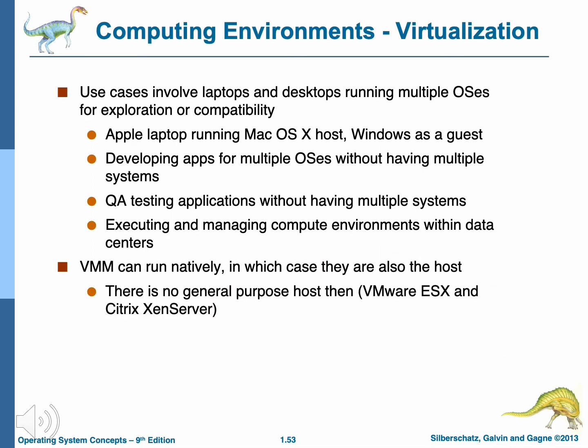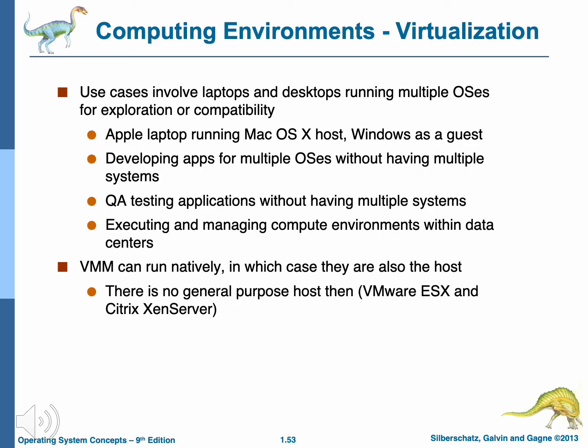Even though modern operating systems are fully capable of running multiple applications reliably, the use of virtualization continues to grow. On laptops and desktops, a VMM allows the user to install multiple operating systems for exploration or to run applications written for operating systems other than the native host.